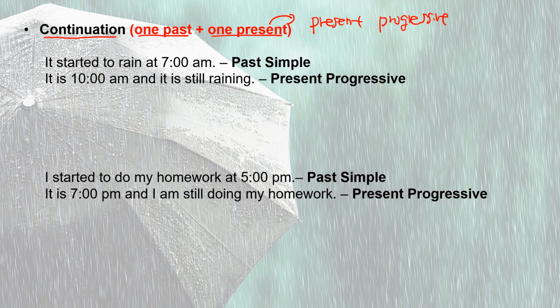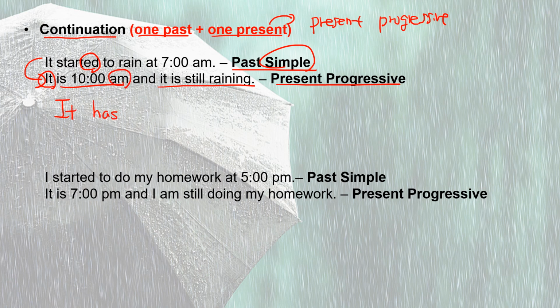It started to rain at 7 a.m. So this is past tense, past simple. And it is 10 a.m. and it is still raining. So this is present progressive. So when you have continuation from simple past to present progressive, you use present perfect progressive. So it is the subject, it, and third person singular, has.